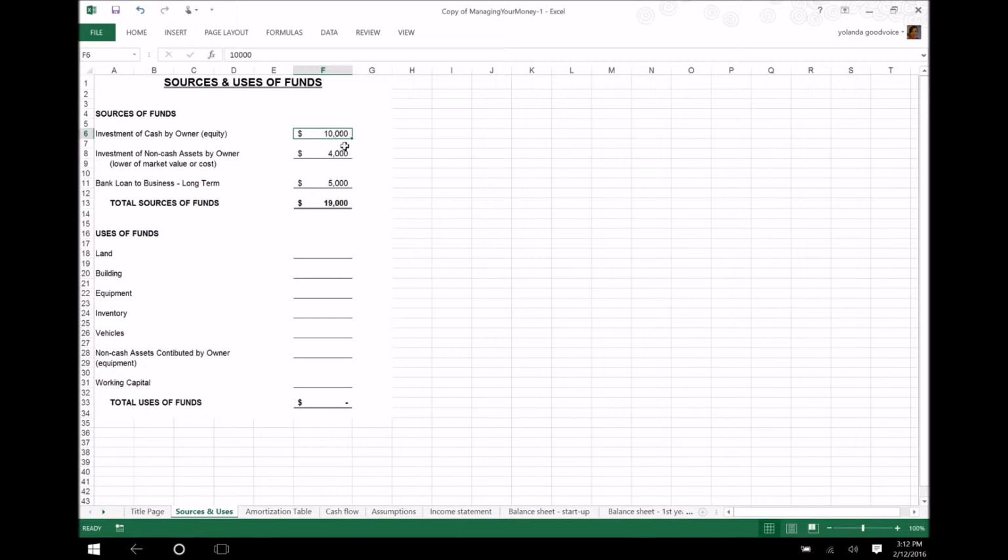So yeah, that's 14, because you put in 5 of your own. And I already have this as my non-cash, so that's 4,000. And then working capital, buy some equipment, and buy 10,000 of equipment. I'm just making it easy. Your numbers may vary wildly. And then $5,000: my loan is for working capital, but I'm using the grant to buy equipment.